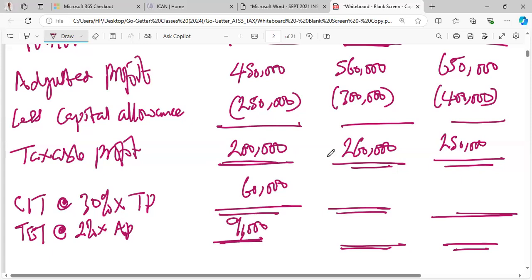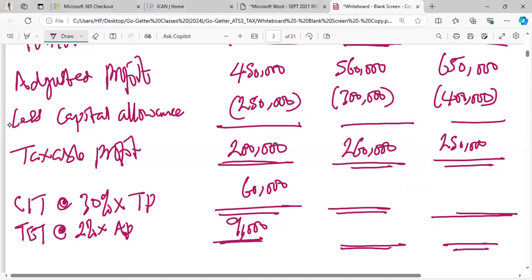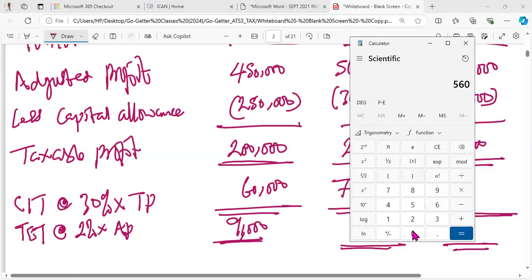All right, here I will check 30% of 260. 260 times 30%, 78,000. Whereas 2% of 560 will give me 11,200.